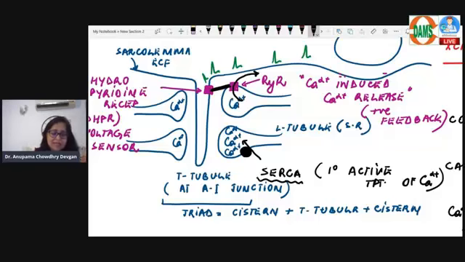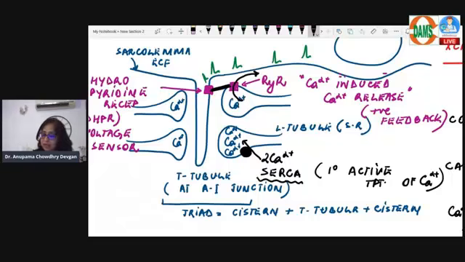And remember, SERCA transports 2 calcium for each ATP hydrolyzed, right? SERCA will transport 2 calcium for each ATP hydrolyzed.